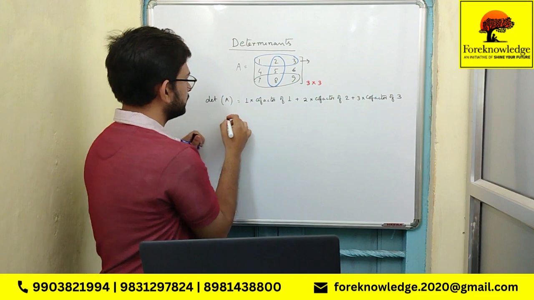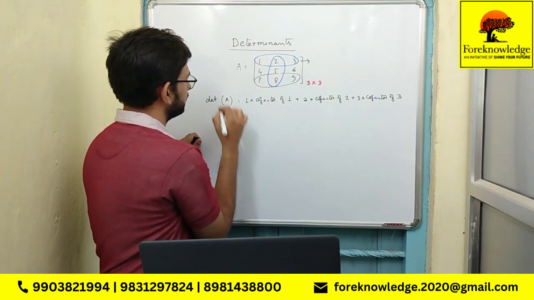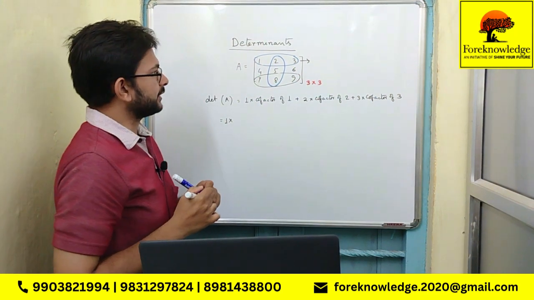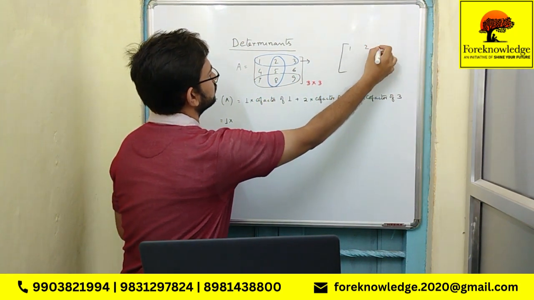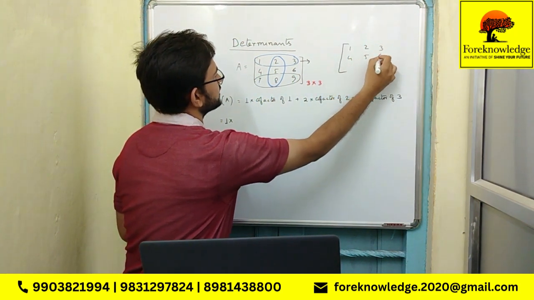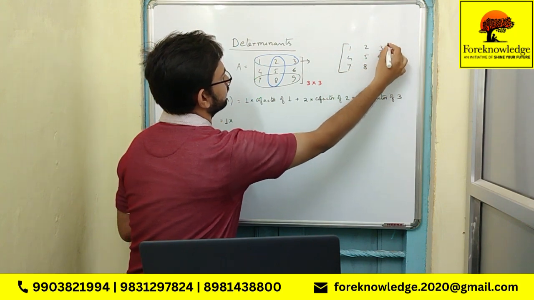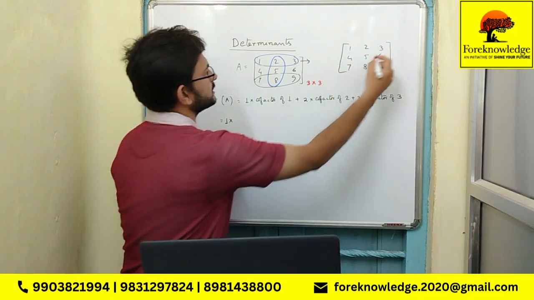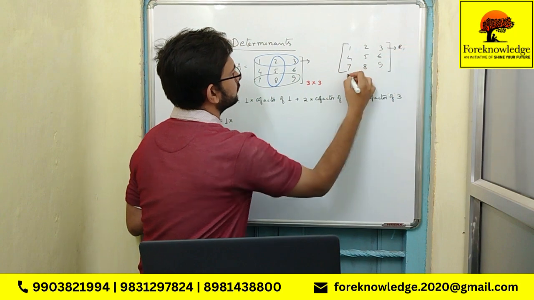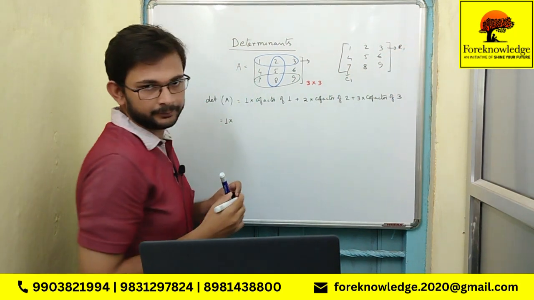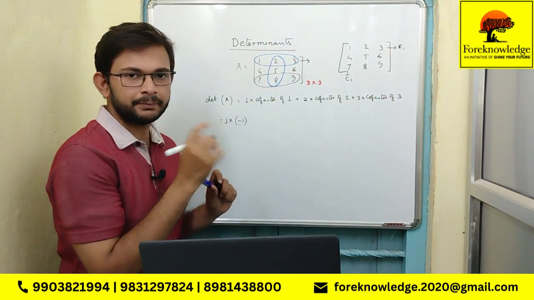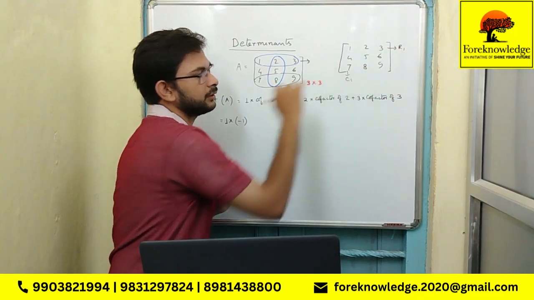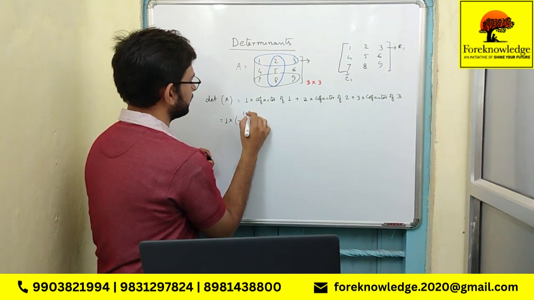Fine. So 1 into, what is the cofactor of 1? Let me write the matrix here again: 1, 2, 3, 4, 5, 6, 7, 8, 9. So 1 is present at first row, first column. So minus 1 to the power row number 1, column number 1, that is 1 plus 1.